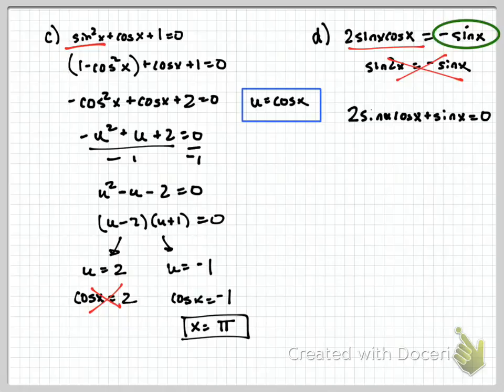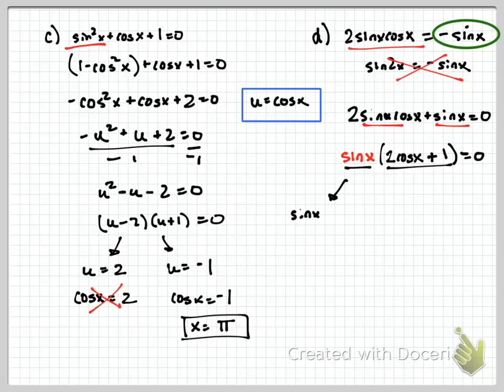Now you can see that there's a GCF, sine of x, in each term. Pull it out. We have 2 cosine of x plus 1 equals 0 left over, and now you have 2 terms. If each of them are set equal to 0, we can solve now, because that will make the whole thing 0. And we get sine of x equals 0.